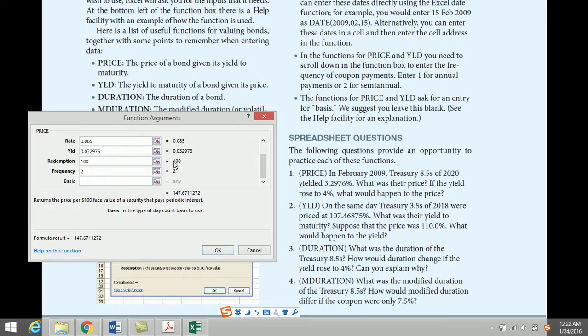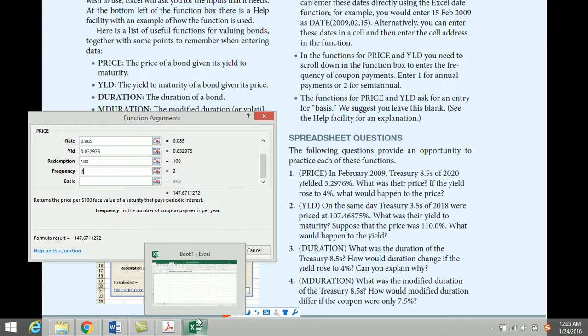Notice that the default setting in Excel is 100, but the Treasury bond is 1,000. But we can always set the redemption value equal to the principal value. And the frequency is 2 for semi-annually, 1 for annual payments.